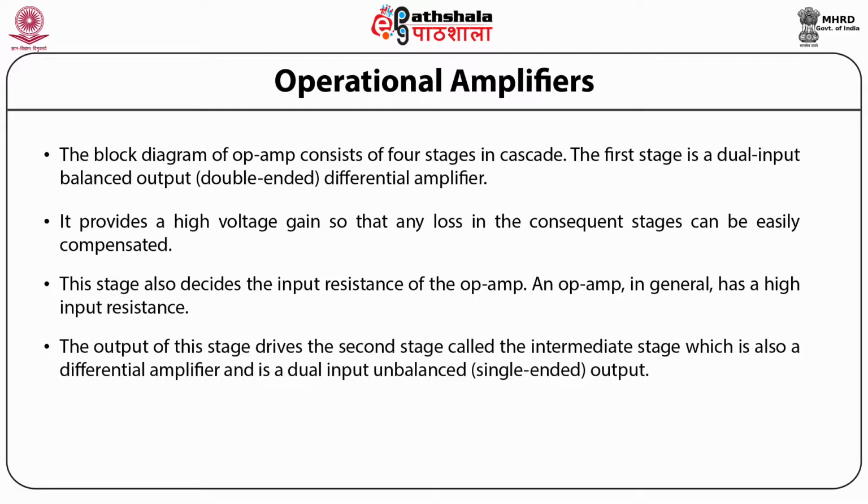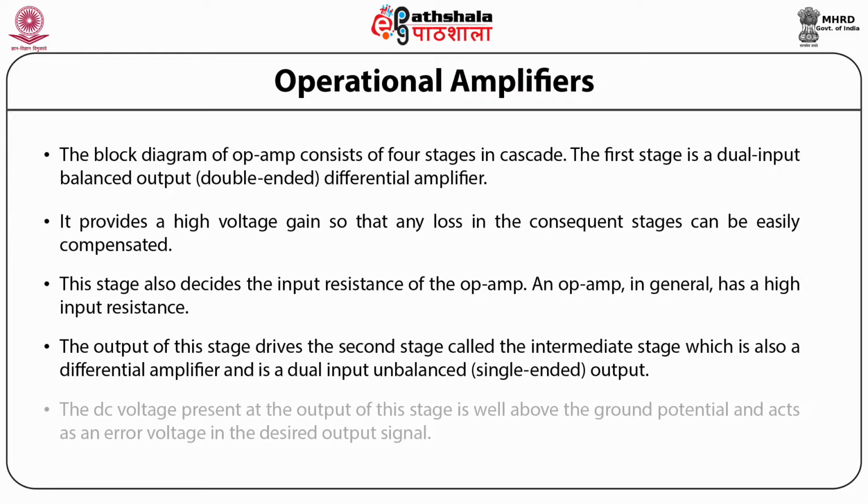The output of this stage now drives the second stage called an intermediate stage, which is also a differential amplifier and is a dual input unbalanced, that is, single-ended output. The DC voltage present at the output of this stage is well above the ground potential and acts as an error voltage in the desired output signal.